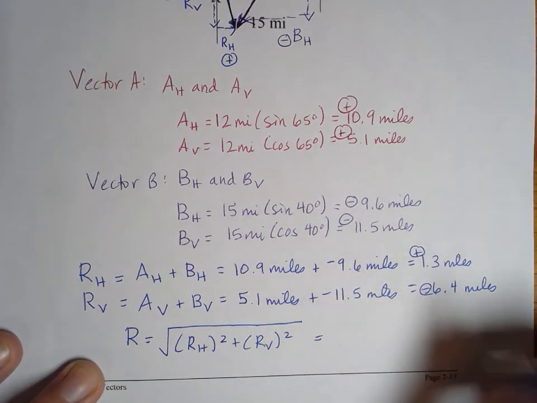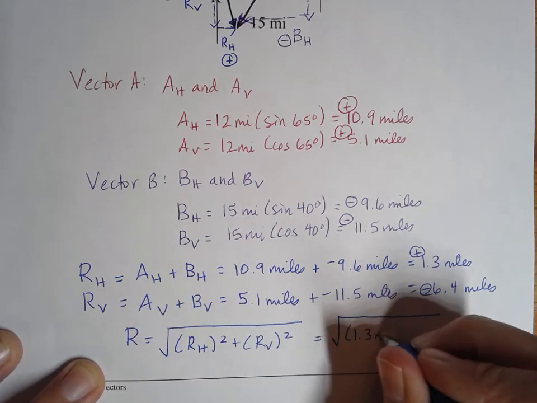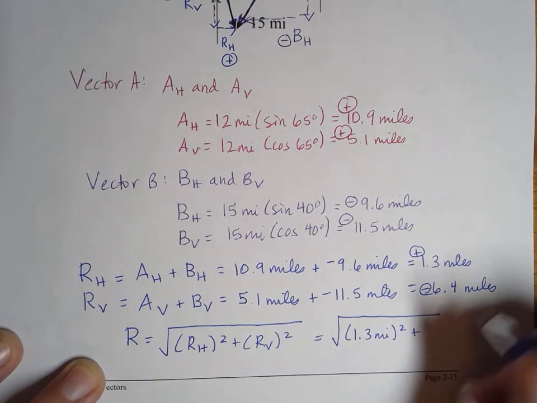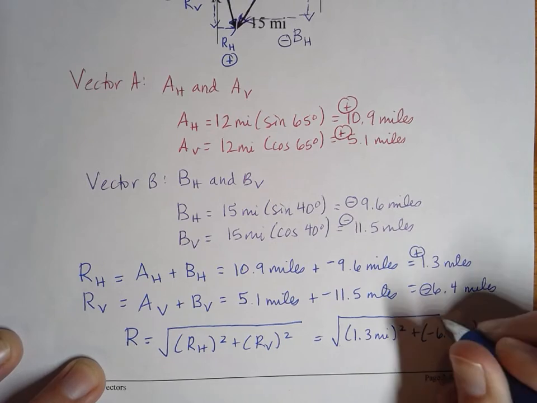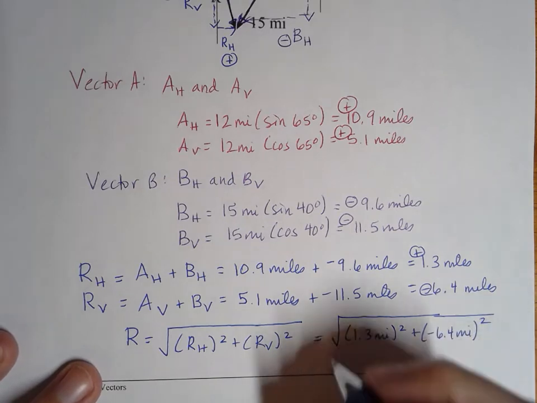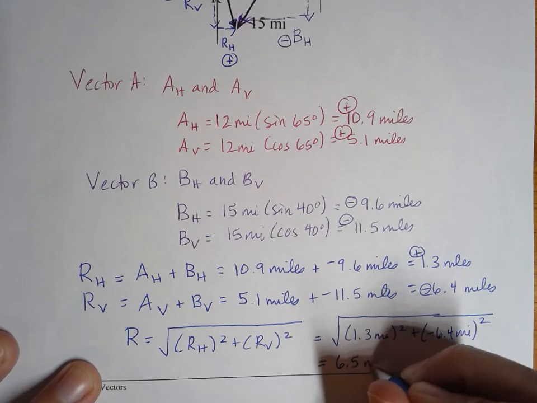And so like I just said here, my R_H is 1.3 miles, and we'll square that. And my R_V is negative 6.4 miles. And if you forget to write your negative sign in here, not such a big deal because we're squaring it, so that's going to disappear. But when you go ahead and do all that math, you should wind up with 6.5 miles.